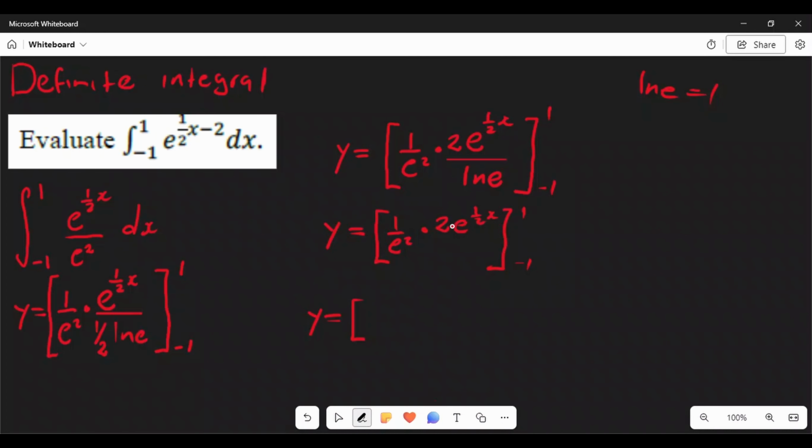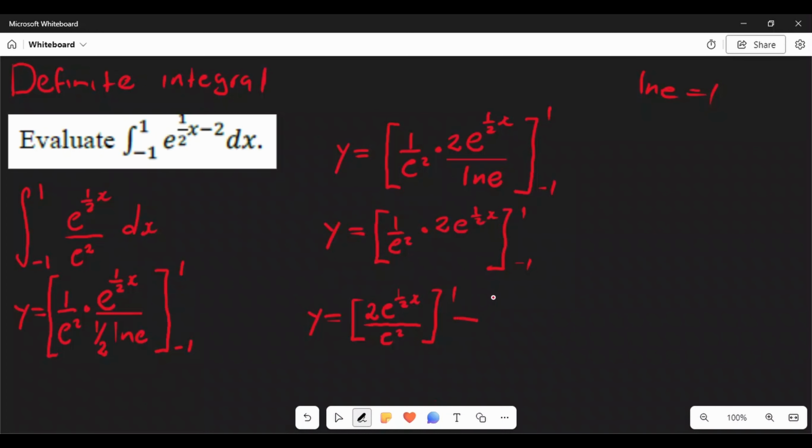1 multiplied by 2 e to the power of half x is gonna be 2 on the numerator, e to the power of half x, divided by e to the power of 2, and then we do that at the upper limit, 1.